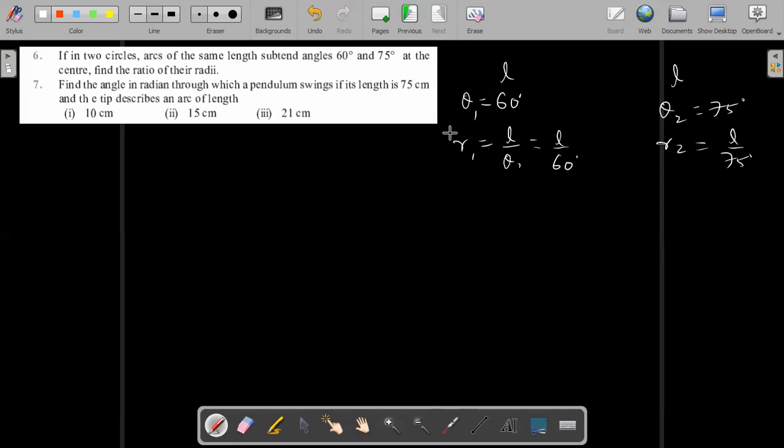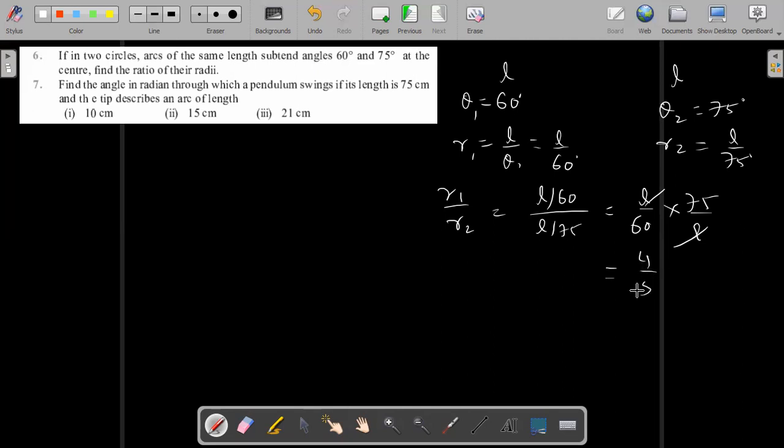Then you can find their ratio. R1 upon R2 will be equal to L by 60 divided by L by 75. So this becomes L by 60 into 75 by L. So L and L will cancel. We get 75 by 60, that is, the ratio 5 by 4.